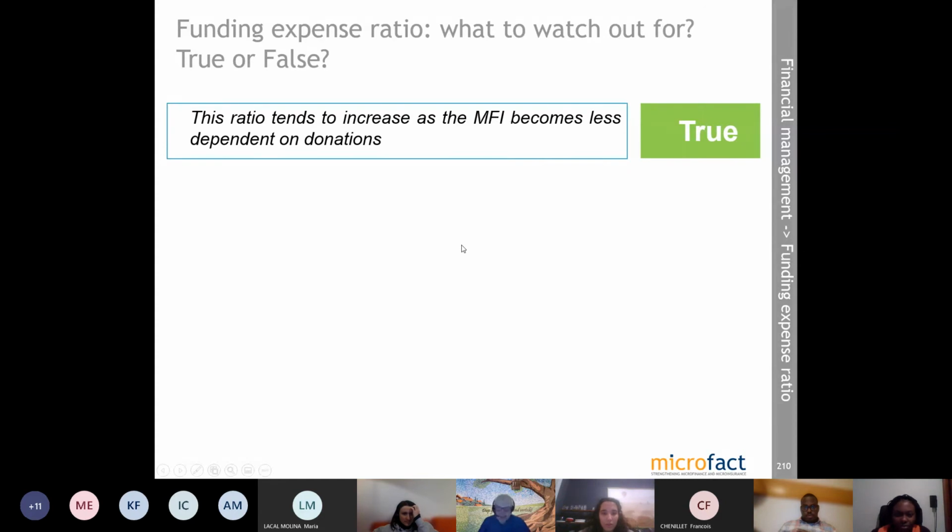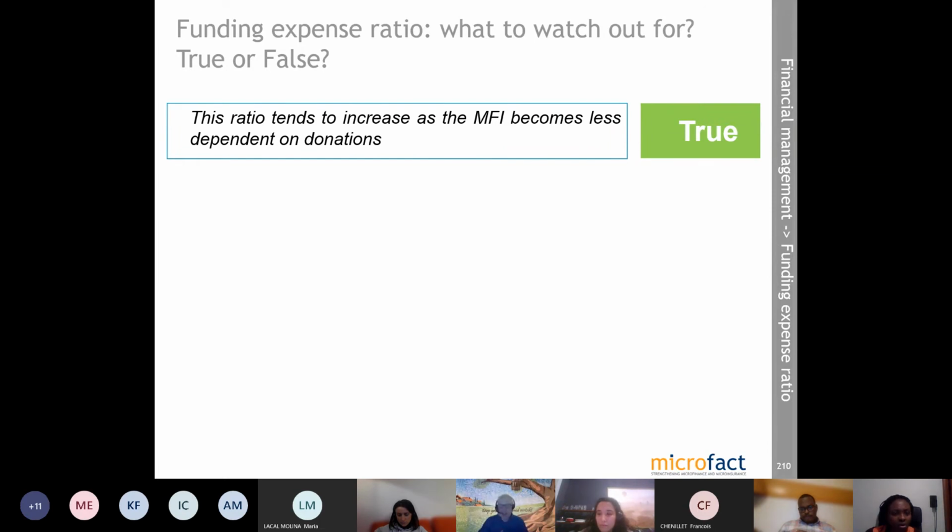And it's like this. So normally most indicators improve when you become more mature. You become more efficient. If you are good in your work, your portfolio quality is good, so your provision expenses will remain low. But when this one goes up, it's not a bad sign of management.